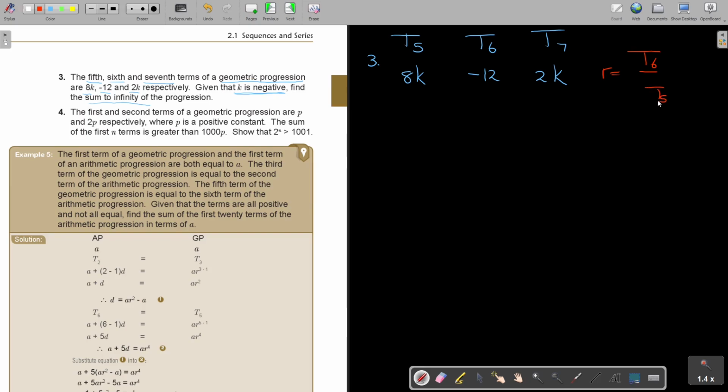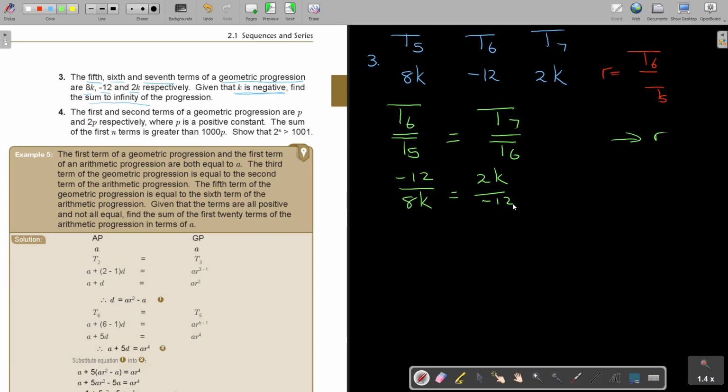So basically, I can say that T6 divided by T5 must be equal to T7 divided by T6, because that is going to be equal to the value of r. Okay, so let's fill it in. So negative 12 over 8k equals 2k over negative 12.